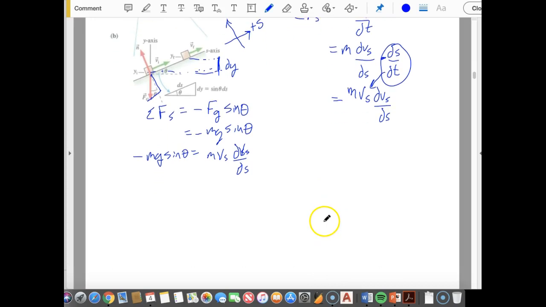All right, now that we have our equation, I think what I'm going to do is we're going to basically just switch sides here. We're going to multiply both of the sides by ds. So what we're trying to do is get rid of this ds on the bottom.